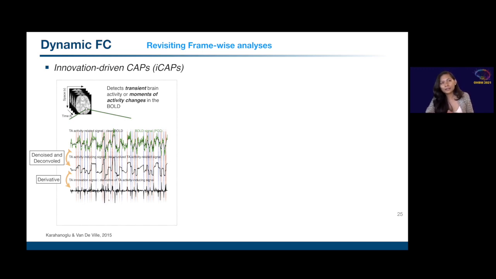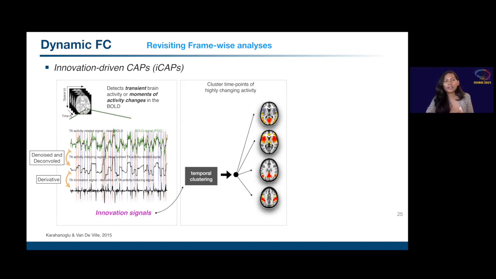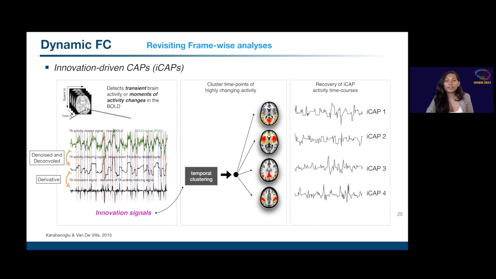The time points where the innovation signals are significant then undergo a temporal clustering procedure, again using K-means clustering, to obtain the different functional networks, as can be seen here. These iCAPs are further processed in order to obtain the activity time courses for each of these networks.